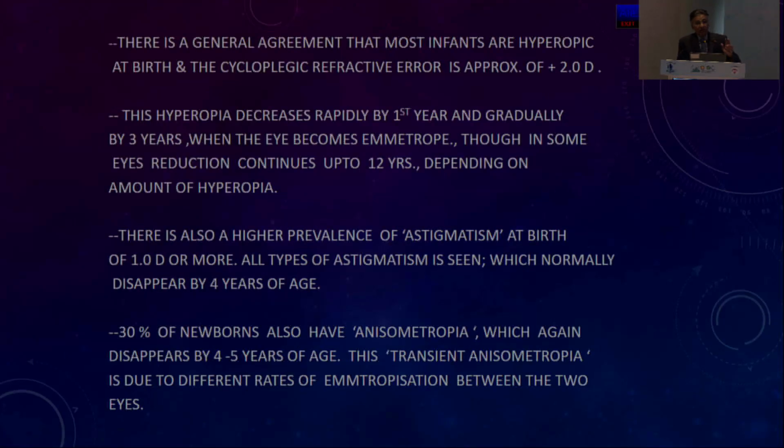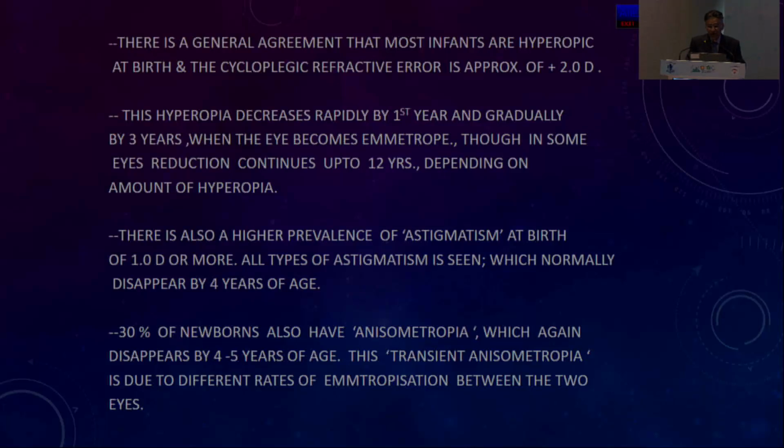So now there is a general agreement that most infants are hyperopic, and we know about them at birth, and the cycloplegic refraction error is approximately around +2 diopters. This is universal, there's nothing new in it. Now this hyperopia decreases rapidly by first year of life and gradually by 3 years when the eye becomes an emmetrope. This is important.